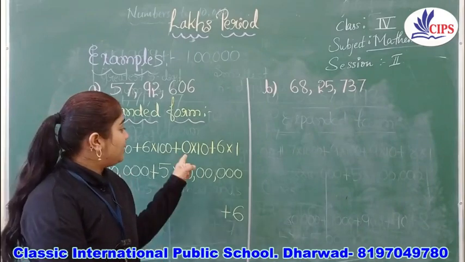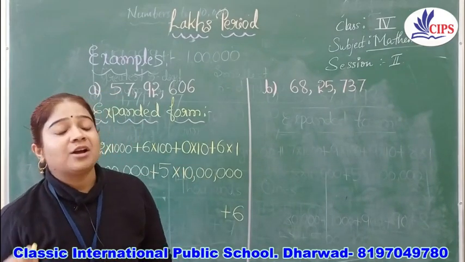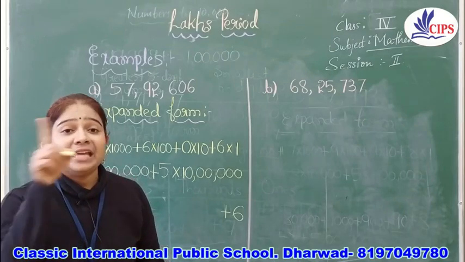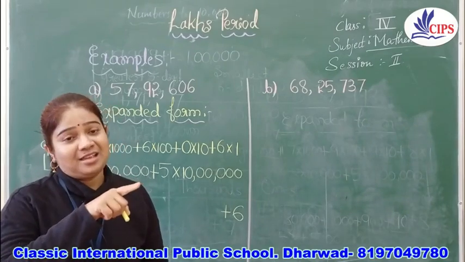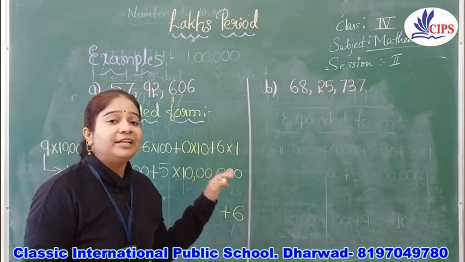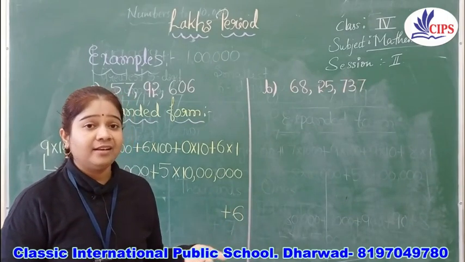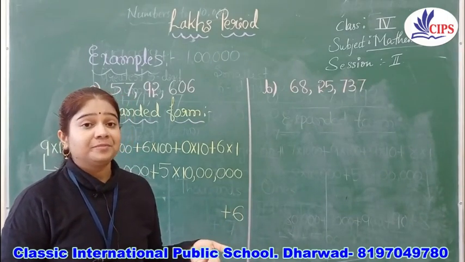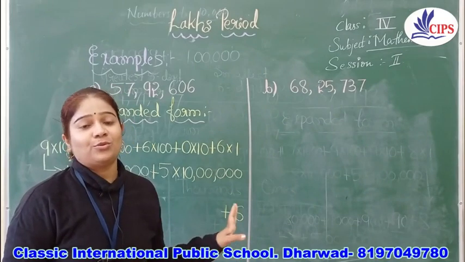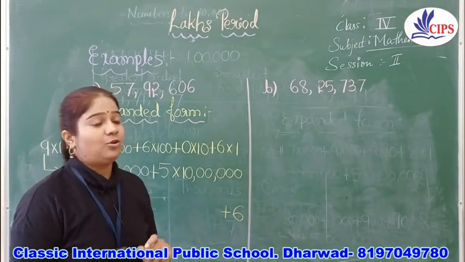No. If you multiply any number with a 0, again you are going to get what? Big 0 only, right? So now here it is 0 into 10. What will be the answer? Is it a 10? Think. Is it a 10? No. 0 into 10 is 0 only.